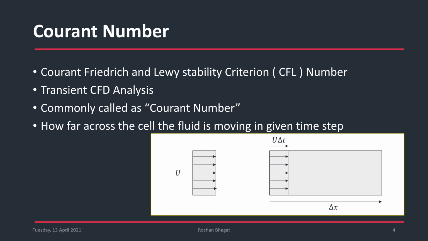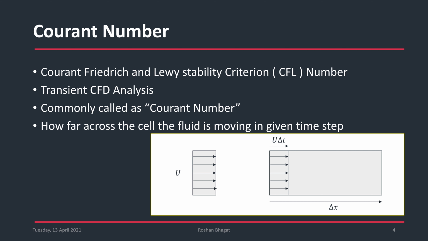Now how can we define the Courant number? It says how far across the cell the fluid is moving in a given time step. So u is considered to be the velocity here. We have the velocity multiplied by the time step, and Δx here will be considered the cell distance.